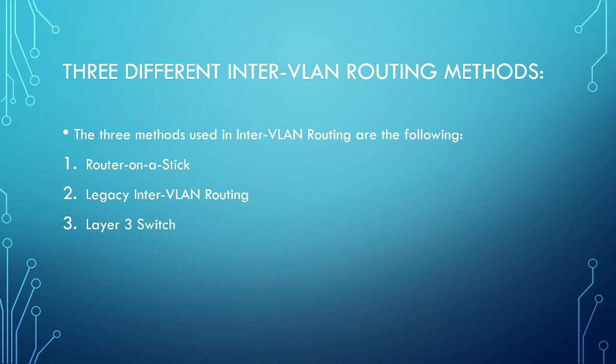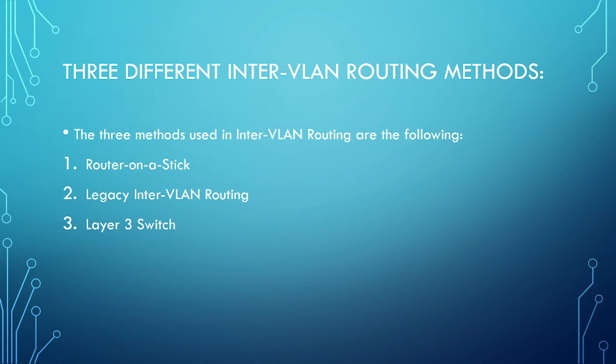Now, the third method is a layer 3 switch, which is a device that can route traffic between VLANs at the network layer, layer 3 of the OSI model.